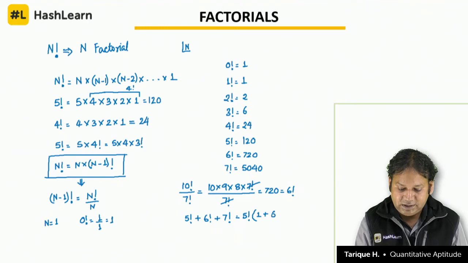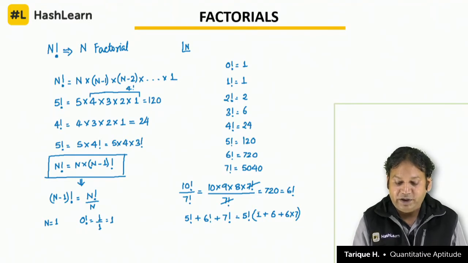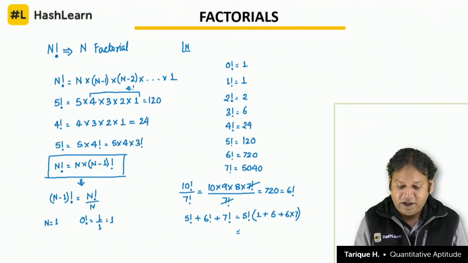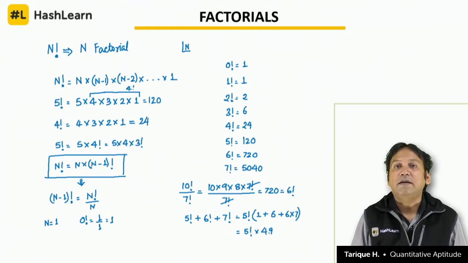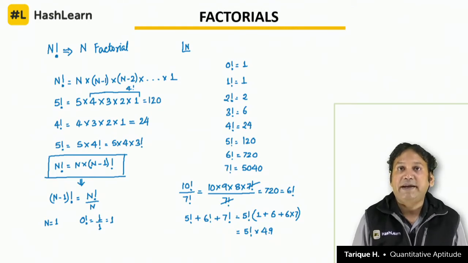So we get here 6, and here we get 6 into 7. So 42 plus 6, 48 plus 1, 49, that is 5 factorial into 49. Clear? That's how you simplify and take factorials common.